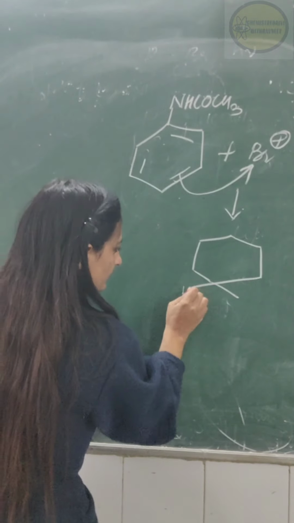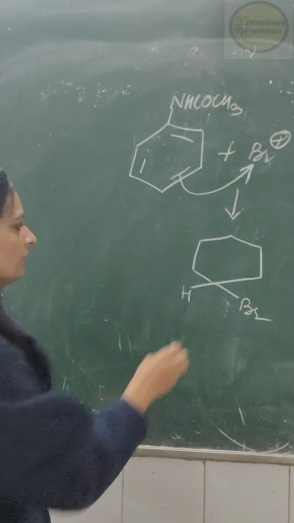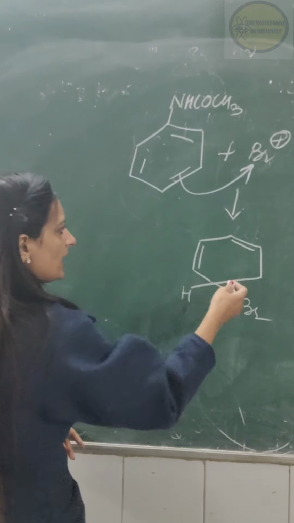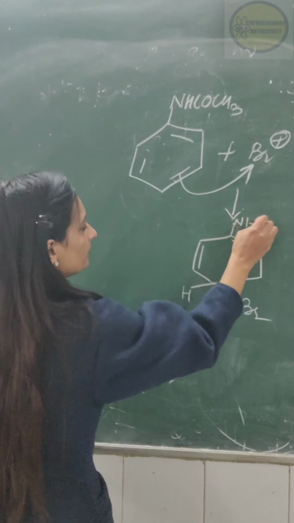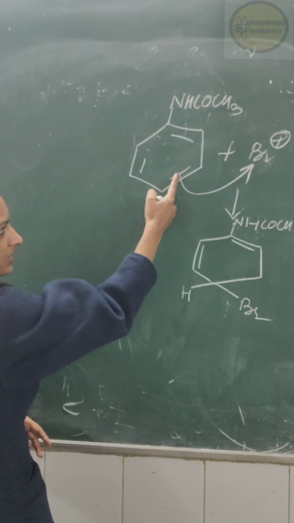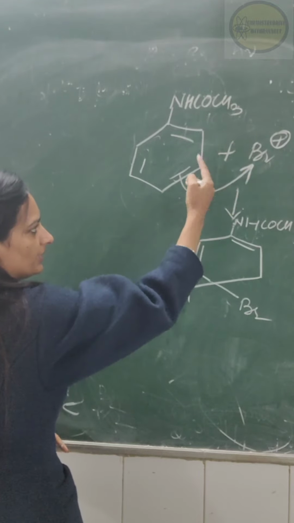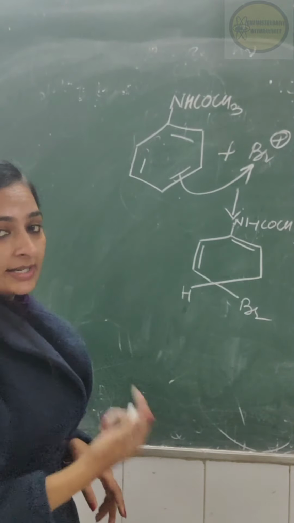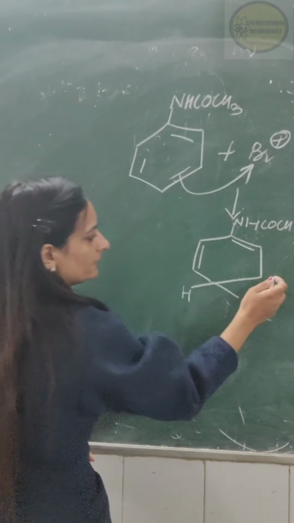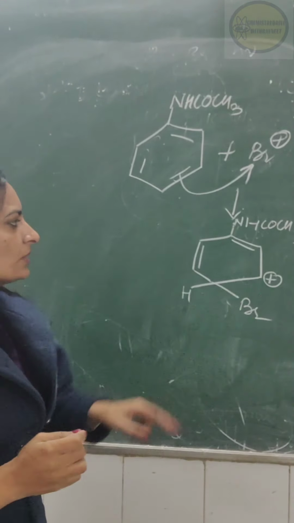Wherever you are substituting your electrophile, the H on that side will also open. I have explained all this in the electrophilic substitution reaction videos. The electron density is totally shifted to the carbon to which the electrophile is attached, so this carbon will get a positive charge.